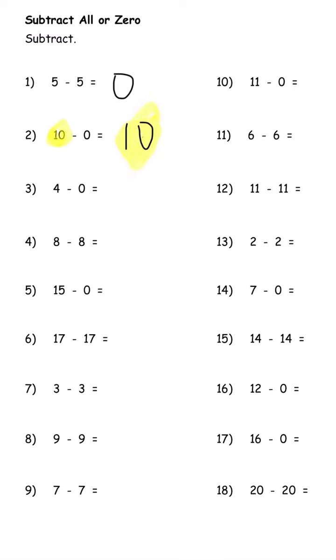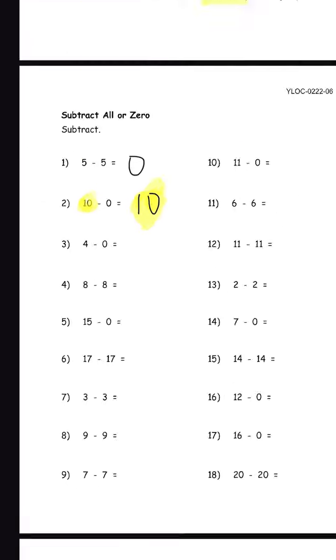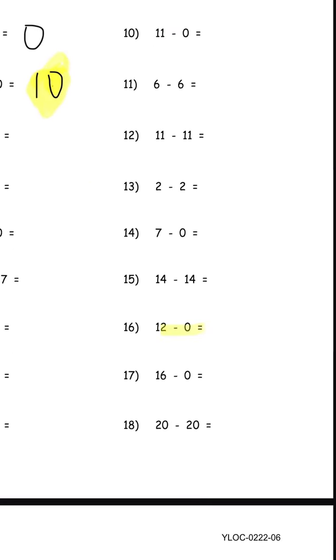So 10 minus 0 would be 10. Let's say we have 20 minus 0, then that would be 20. Now, the next one, we're going to try number 16. We have 12 minus 0 over here.